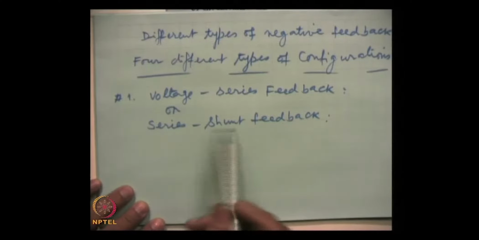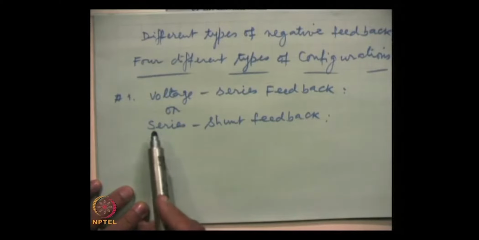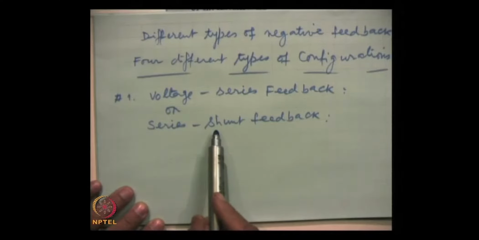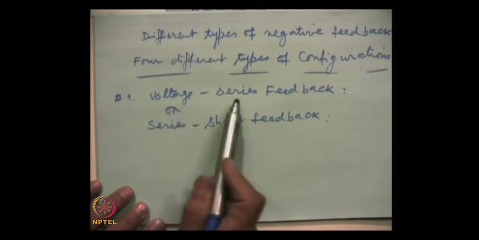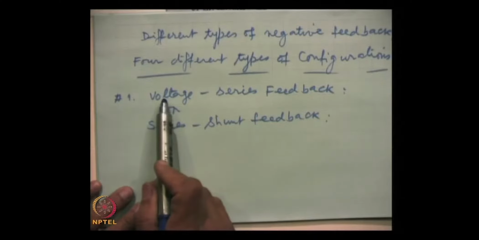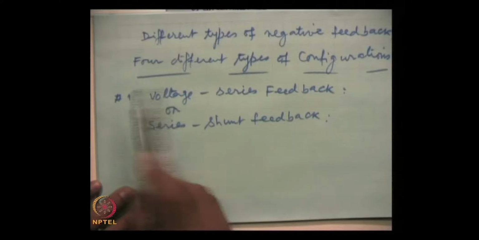In this nomenclature, this talks about the input connection, that is how the feedback network is connected to the basic amplifier at input, and this is at output. While in this configuration, this stands for what we are feeding back, the fraction of the output voltage or current.